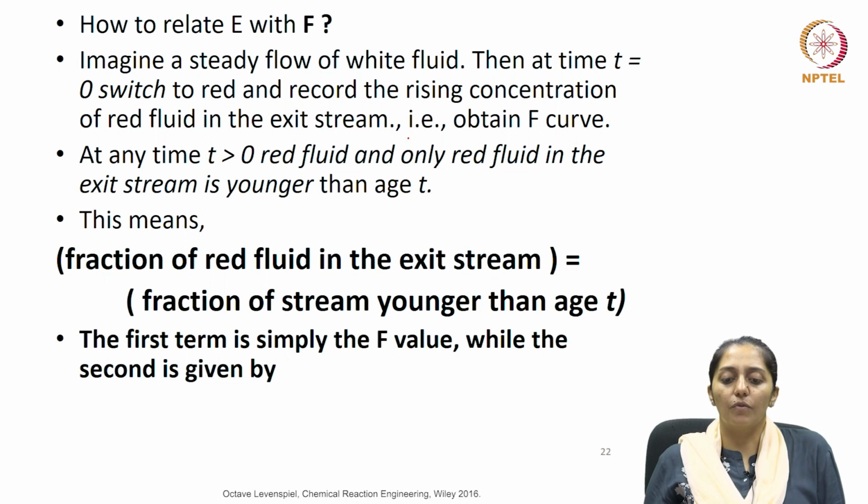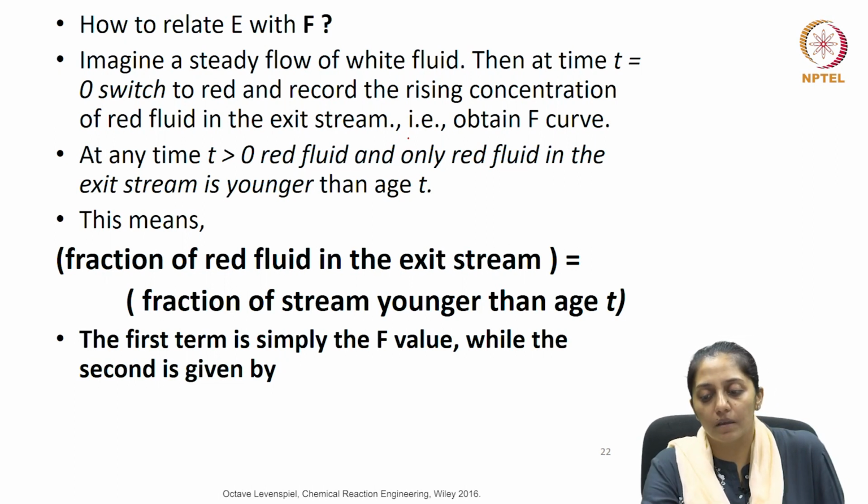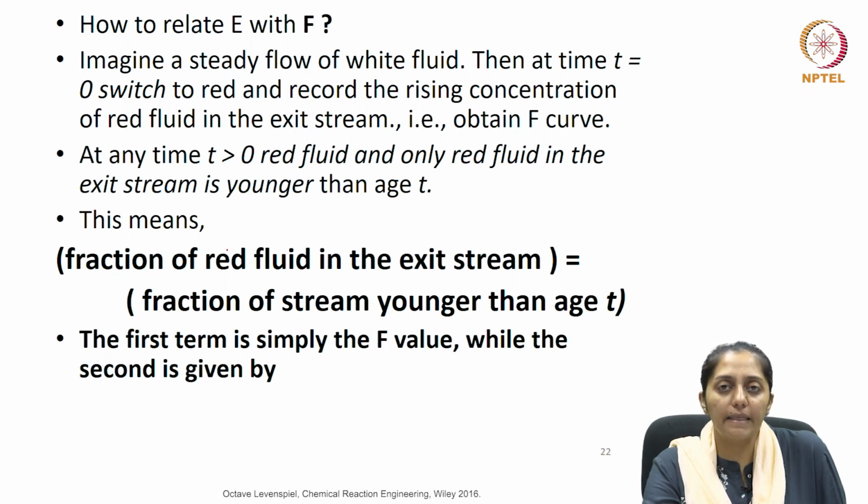Imagine a steady flow of white fluid, then at time t equal to 0, we switch to red and record the rising concentration of the red fluid in the exit stream. And then we obtain the F curve. At any time t greater than 0, the red fluid and only the red fluid in the exit stream would be younger than the age t.